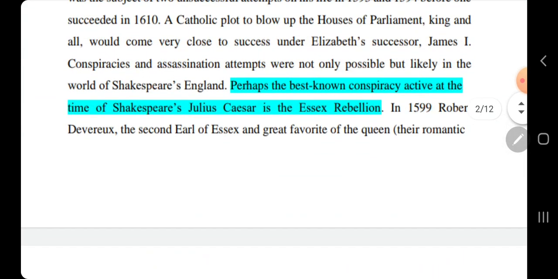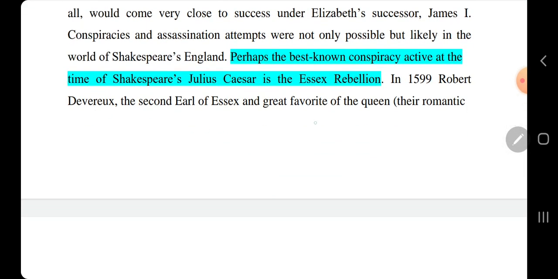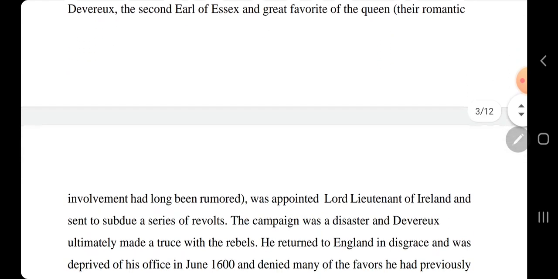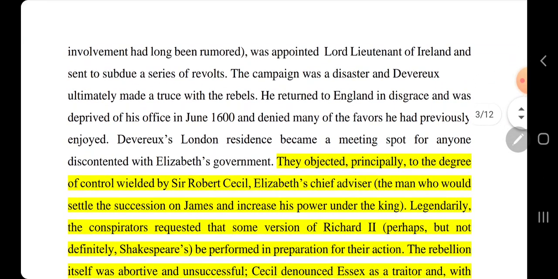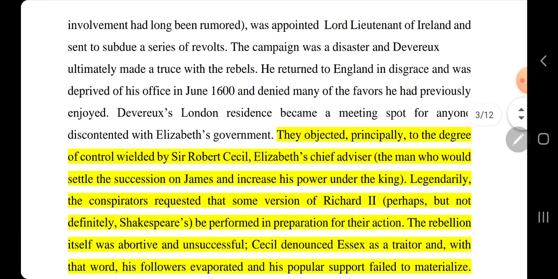So Devereux was very close to Queen Elizabeth. However, after he fell and made a truce with the rebels, he was denied many favors and deprived of his position.